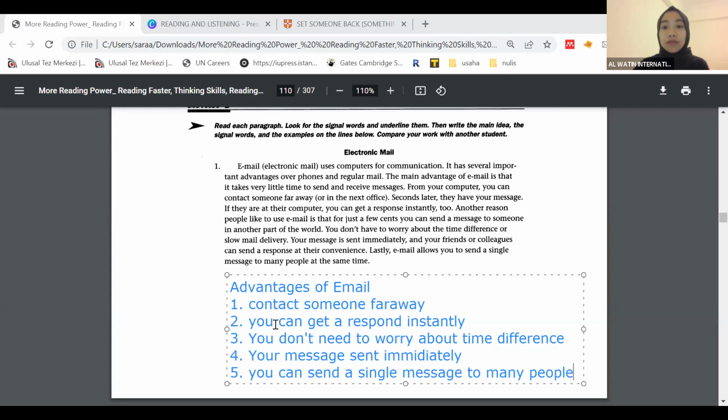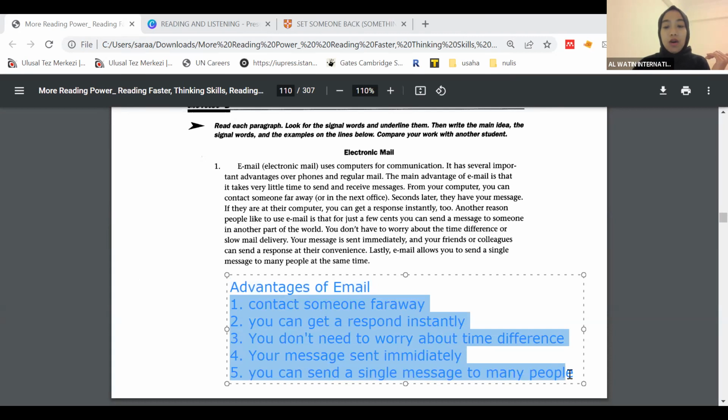So from this paragraph, the writer explained the advantages of email. He or she made five points. So for paragraph listing, with one main idea, you can make a list.